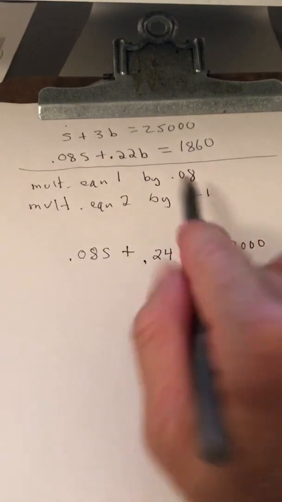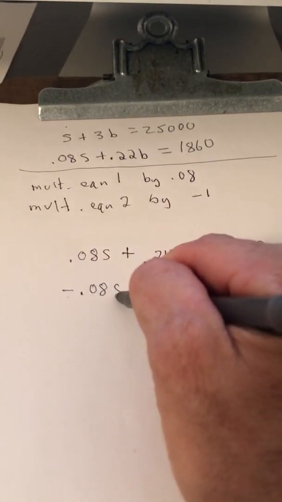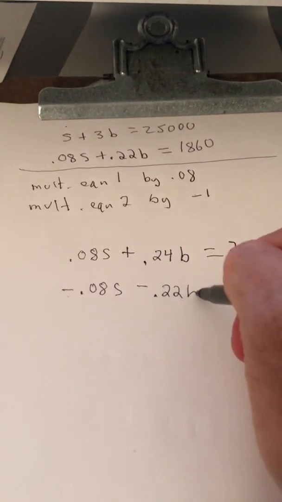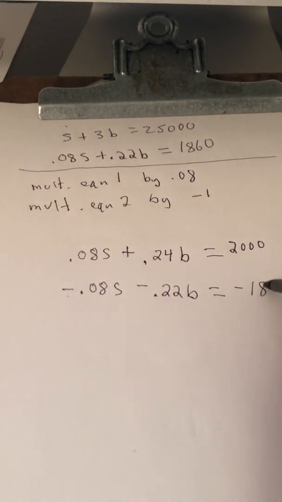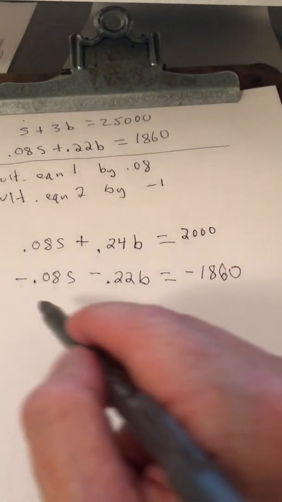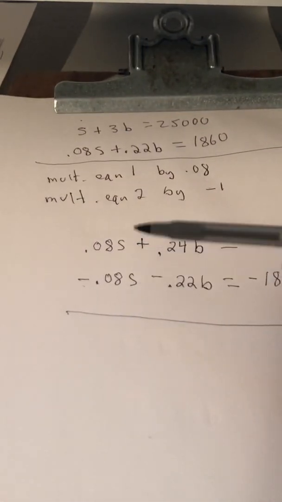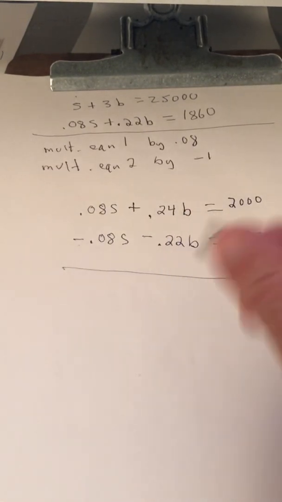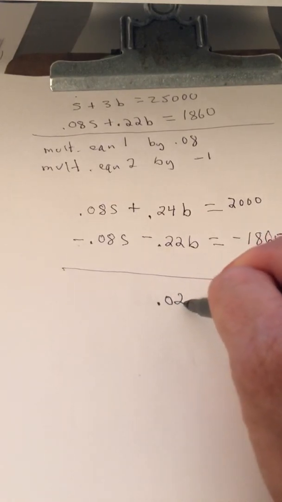Multiply equation 2 by -1. We have negative 0.08s minus 0.22b equals negative 1860. So when I add these two equations, the s's are eliminated. That was the whole point. 0.24b minus 0.22b is a positive 0.02b.